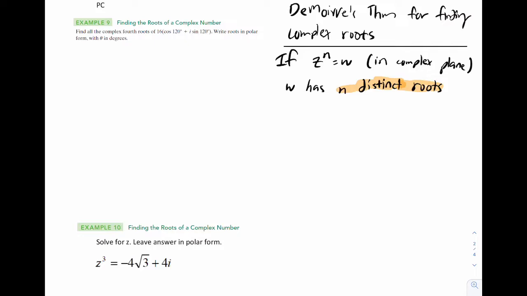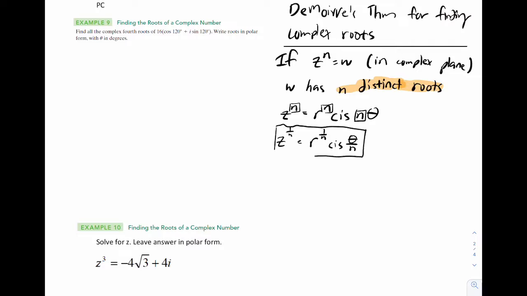Essentially, if you have some z to the n, r to the n, and you have cis n theta, we can think of this as a box, and we apply a root instead of a regular power. Think of it as z to the 1 over n is equal to r to the 1 over n, and that would make this cis theta over n. This is what we're going to use to solve these equations.